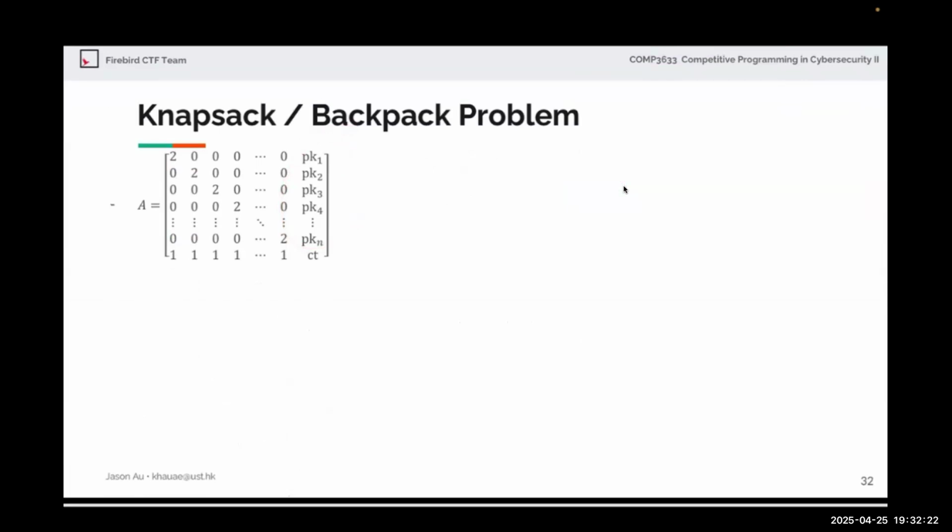What would the reduced matrix look like? For example, I just give them some names. This is row number 1, this is row number 2, and this is row number n, and this is row number n plus 1. Here n is 272, which is the size of the public key.